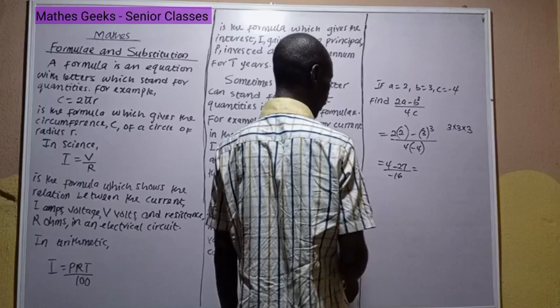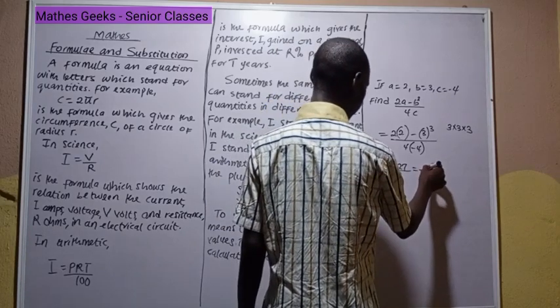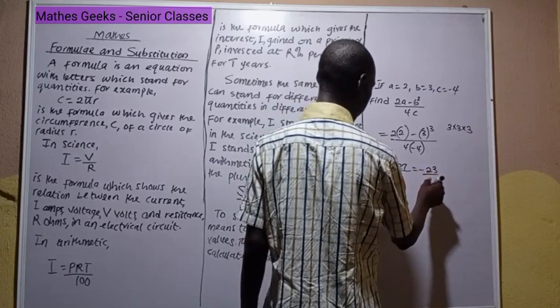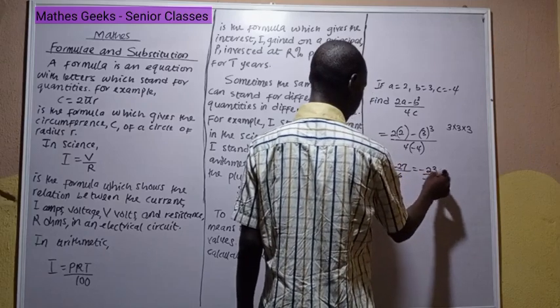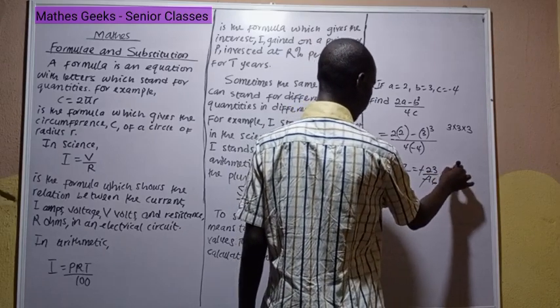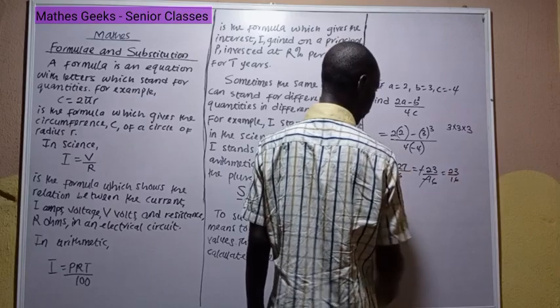So 4 minus 27 gives us minus 23 over minus 16. We cancel out the minus, giving us 23 over 16.